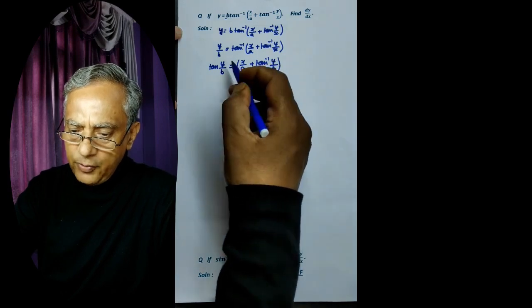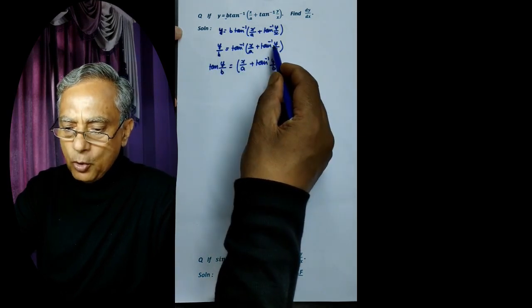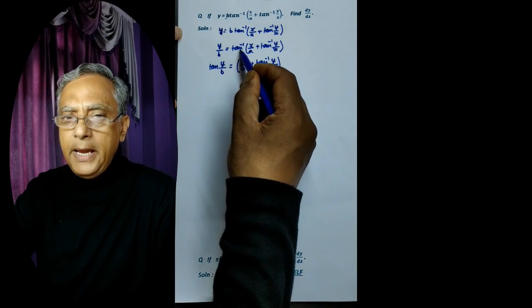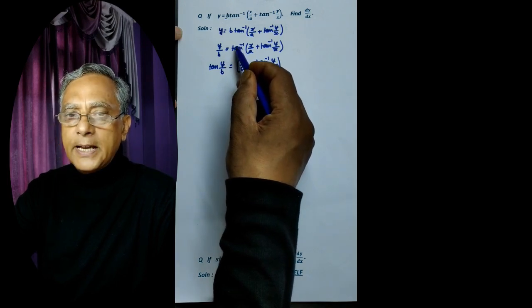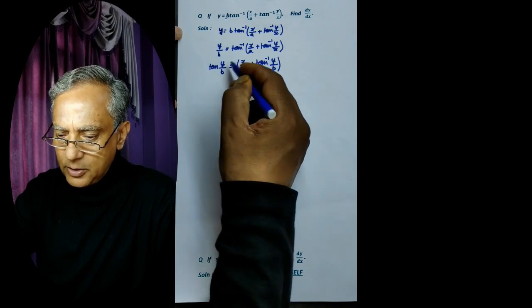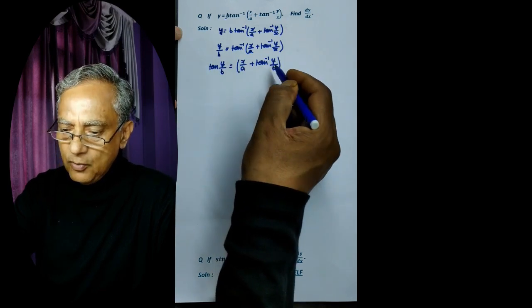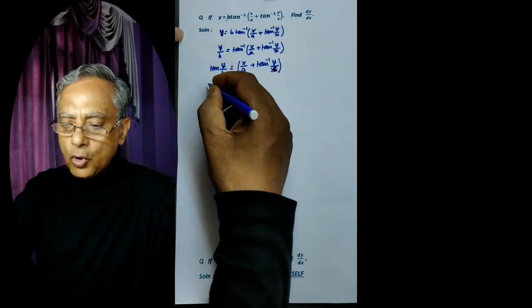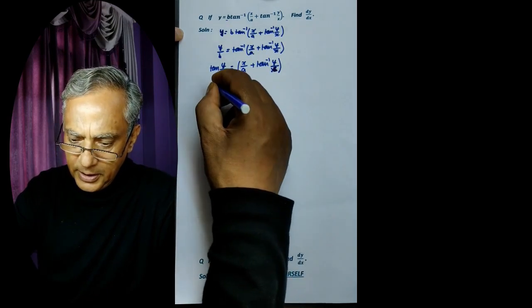What we do is we take tangent of both sides. Then this will be tangent of y by b, and tan of tan inverse will be the identity function, so the identity of x is x. So this will be tan y by b is equal to x by a plus tan inverse y by x. Now differentiate both sides of this equation.